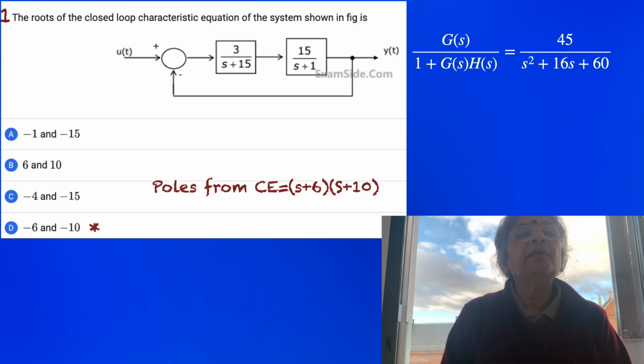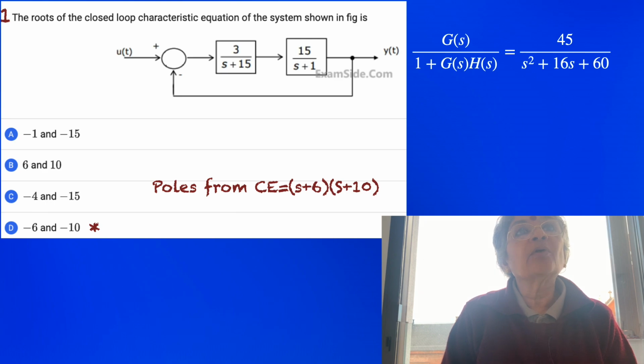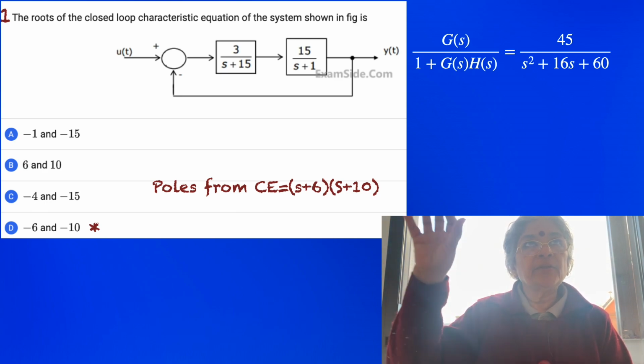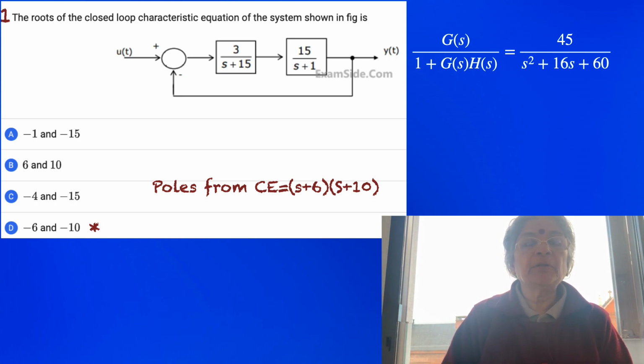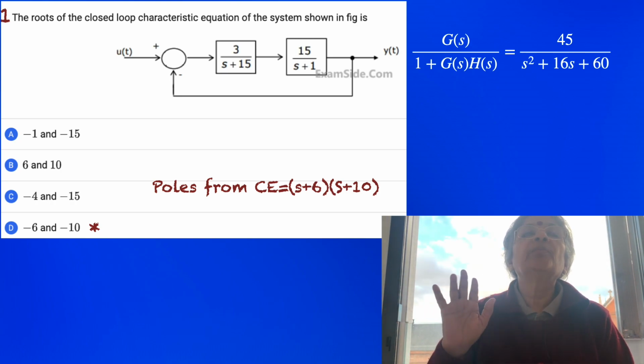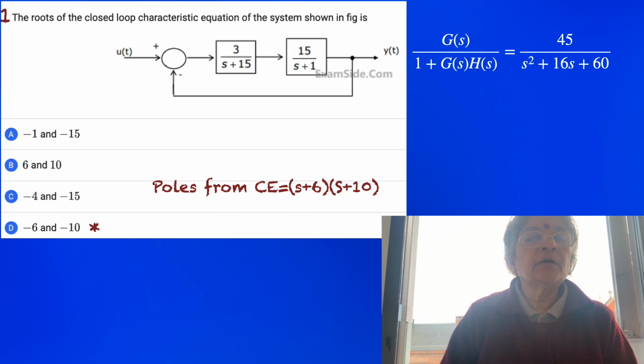In a very simple manner, you can find the overall transfer function G(s) divided by 1 plus G(s)H(s) by putting the product of all numerators in the open loop transfer function on the numerator of the closed loop transfer function.